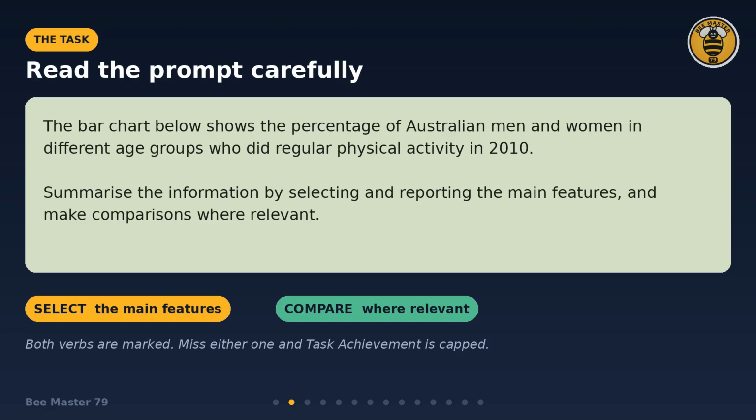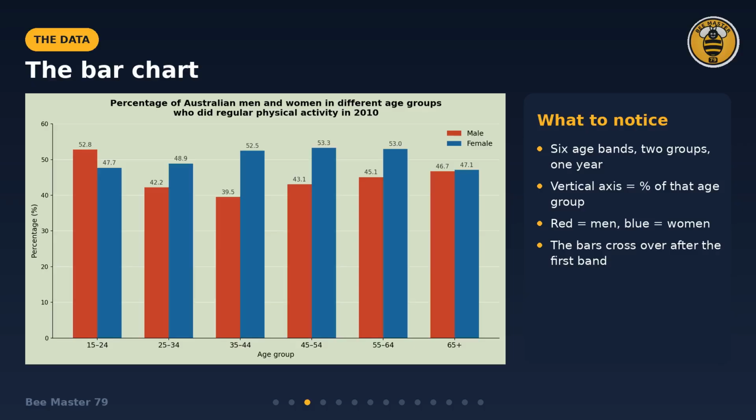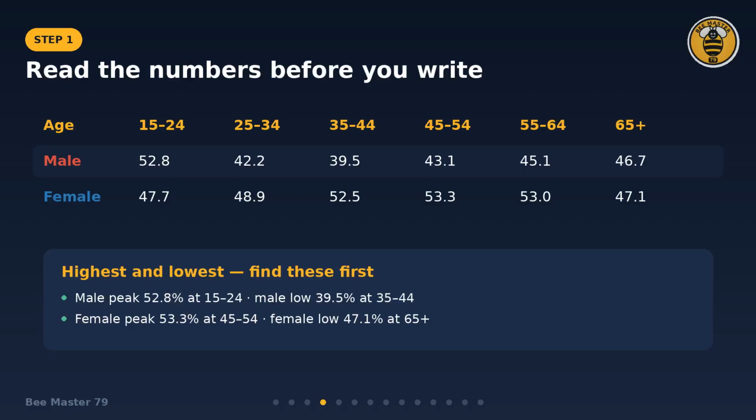Notice the two verbs the examiner gives you: select and compare. And here is the chart. 6 age bands along the bottom, from 15 to 24 on the left up to 65 and over on the right. The red bars are men, the blue bars are women, and the vertical axis is the percentage of each group who exercised regularly. Before writing anything, read the numbers out to yourself.